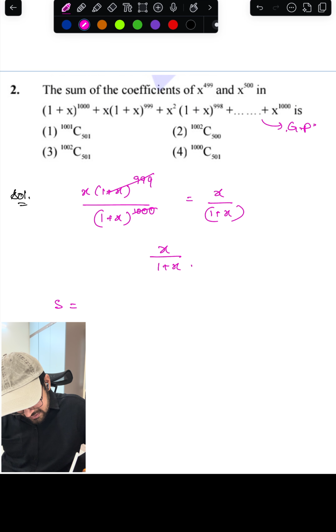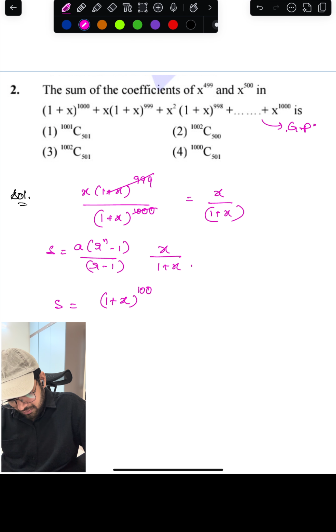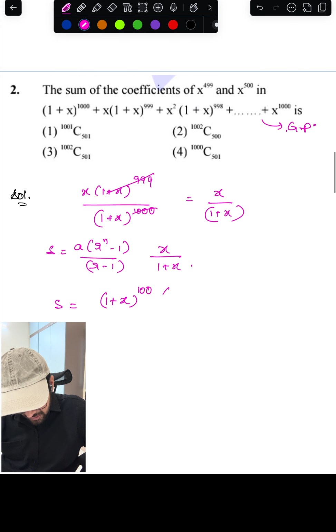So S equals, we already know the formula, A into, A means first term. So I'm writing the formula here: A into (R power n minus 1) by (R minus 1), right? Where R is the common ratio and A is the first term. You can write here (1 plus x) whole power 1000.